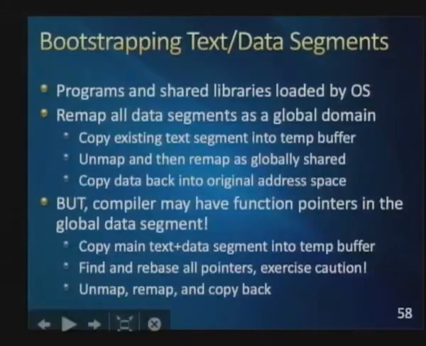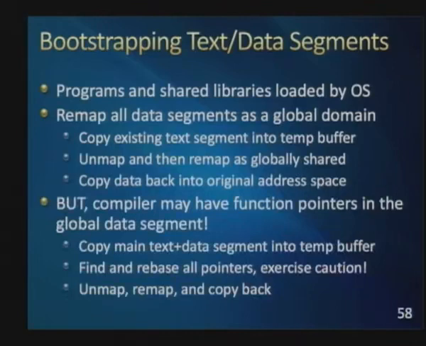Another interesting detail was when your program is first loaded by the operating system and first starts executing, you get all these different segments: your text segment, your data segment, and your read-only data segment, and when you load shared libraries, each of those has segments too, and those are all mapped private to the process by default.